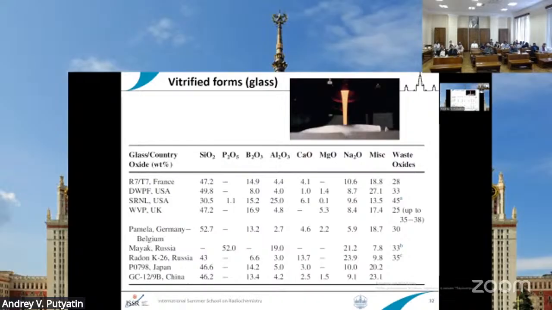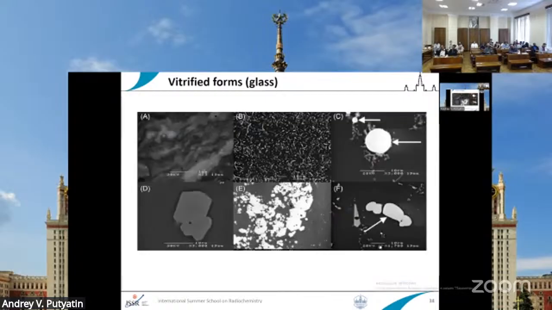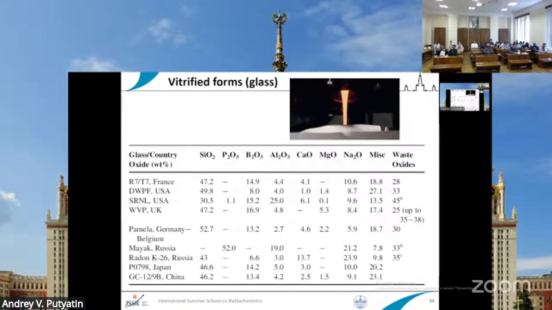For these radionuclides, we can use either mineral-like matrices, or if the activity is not very high, intermediate level waste, we can use cement materials.